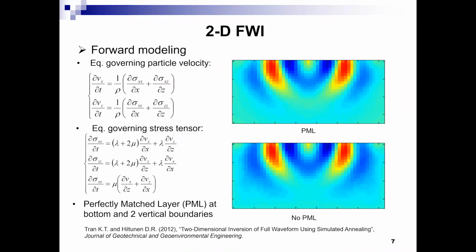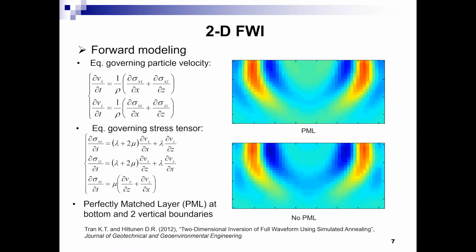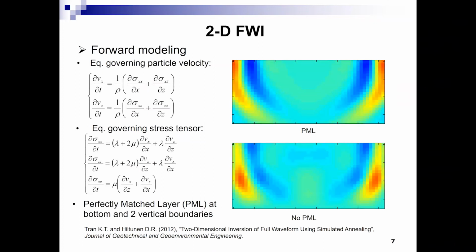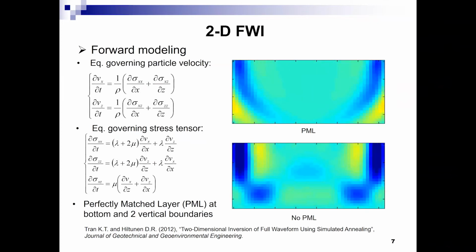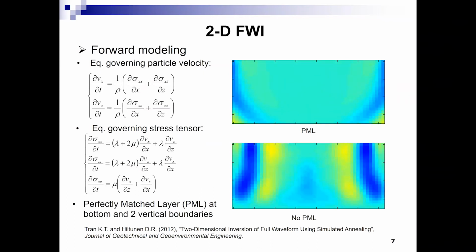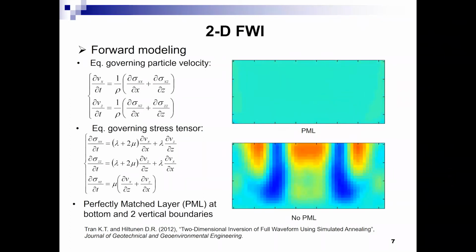So now I will talk about the 2D methods. The 2D method includes the forward modeling and model updating. For forward modeling, we use the two-dimensional wave equation. We have an equation governing particle velocity and an equation governing the stress tensor, and we use the finite difference method to solve these equations. In the field, we measure the data in an infinite medium of the Earth.